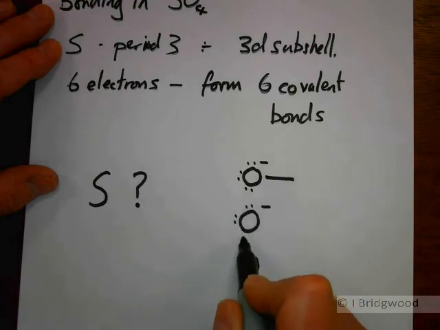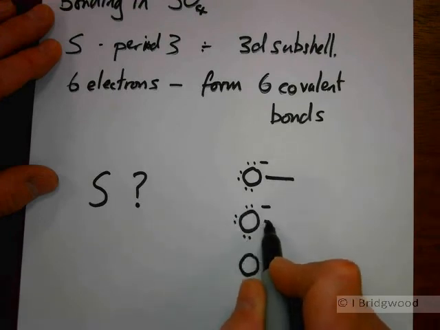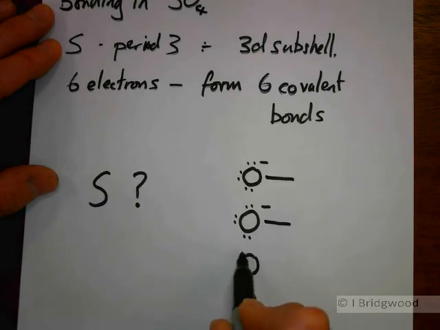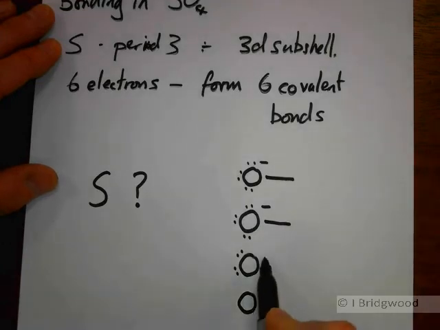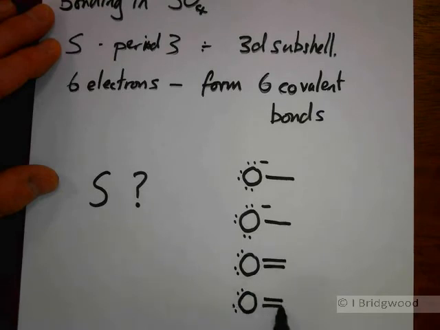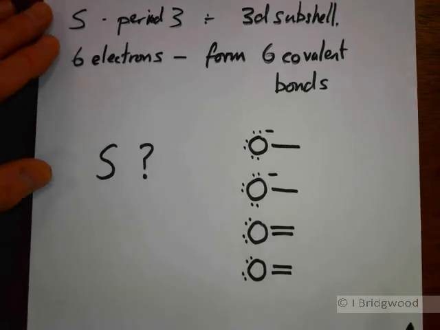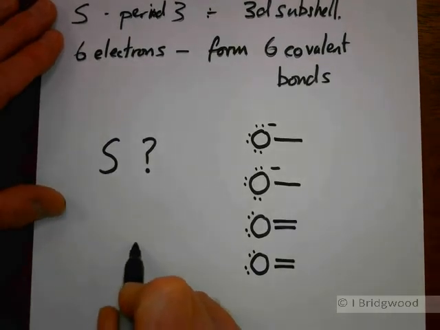So it only requires 1 covalent bond. Same for the other one. The other 2 oxygens, of course, having only 6 electrons, they're going to need to share 2 electrons, and therefore they're going to be double covalent bonds. So that's our combination.